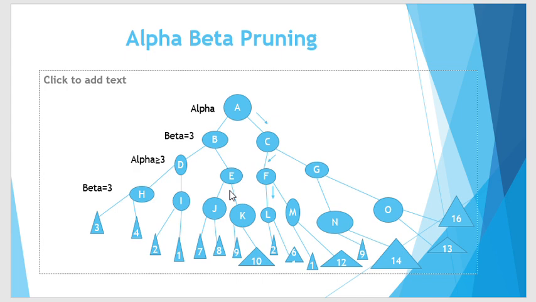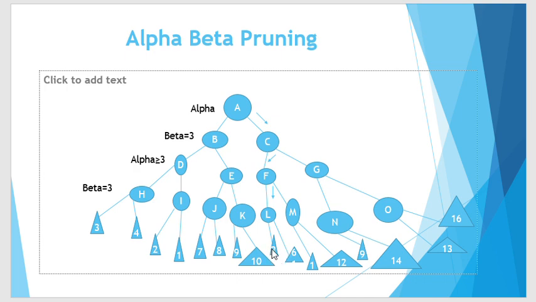Now we move to the right side. As we move to the right side, we directly move to the terminal level, and the terminal value is 2. So when we explore that particular node C, we can get the minimum value of 2 or less than 2 for beta, and for alpha it is 2 or maximum 2.